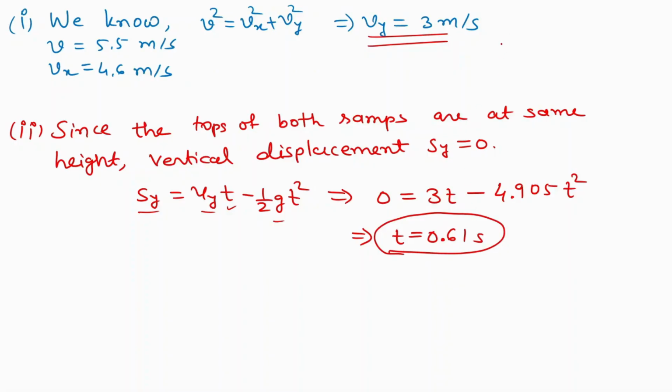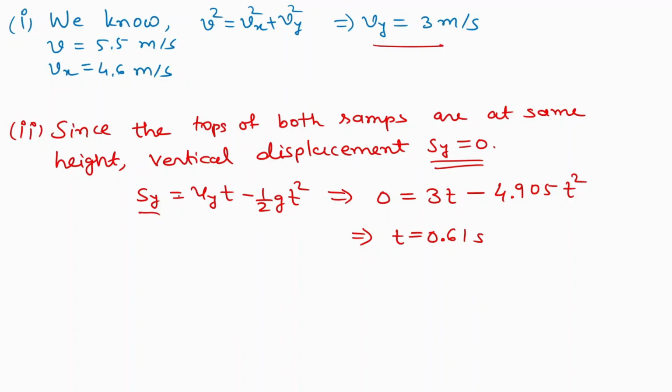If you want to use the equation of sx, the problem is we don't know the value of d. So if you use this equation, there are two unknown variables. That's why I use the equation for sy, because we know uy and sy.